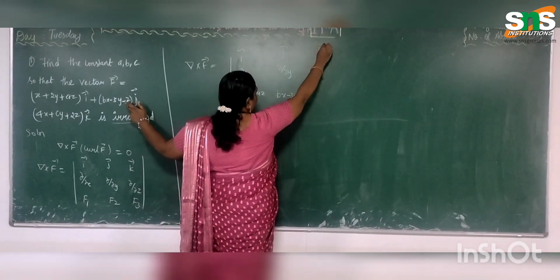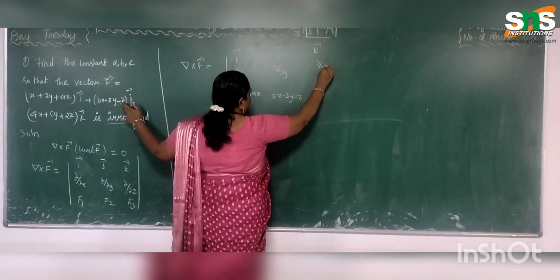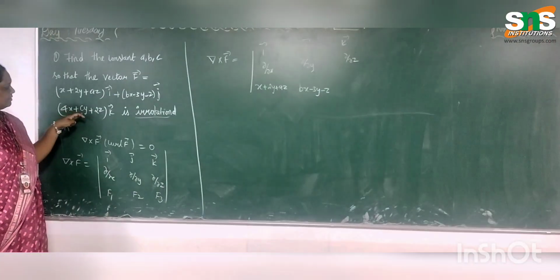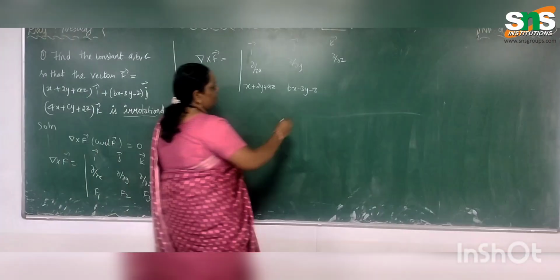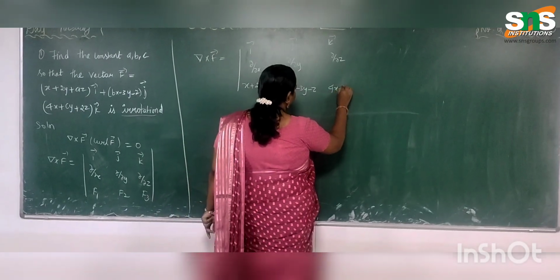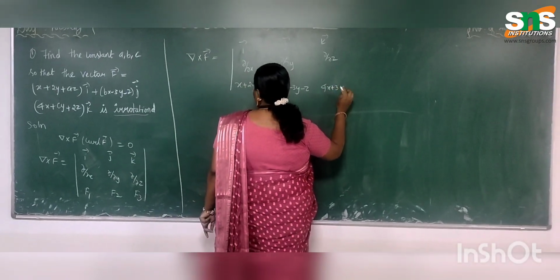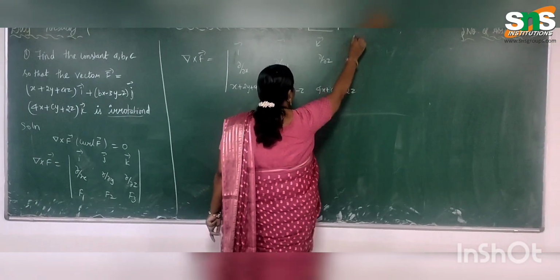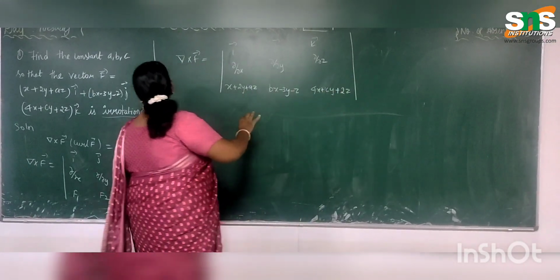And for k vector, dou by dou z, f3 is 4x plus cy plus 2z. So these are the things we are writing.